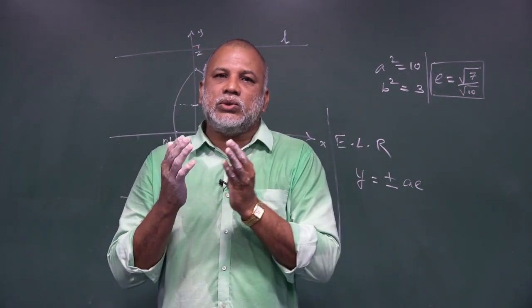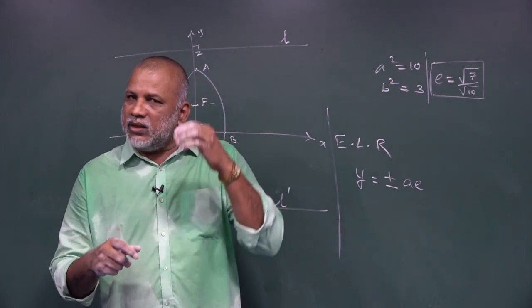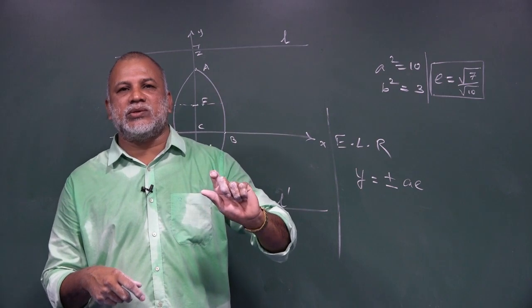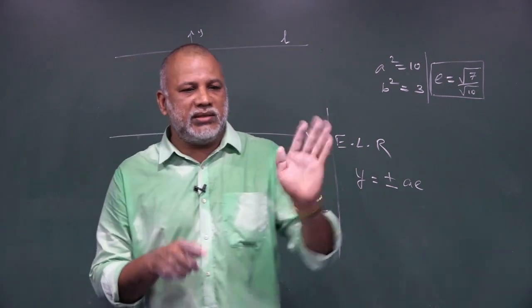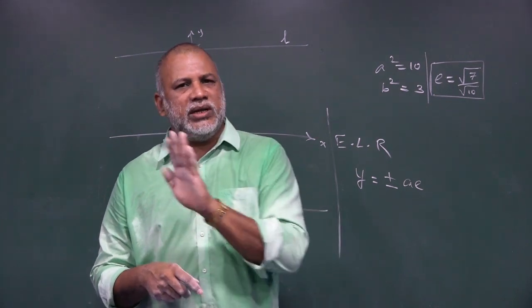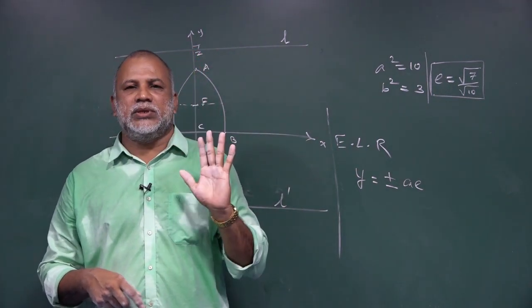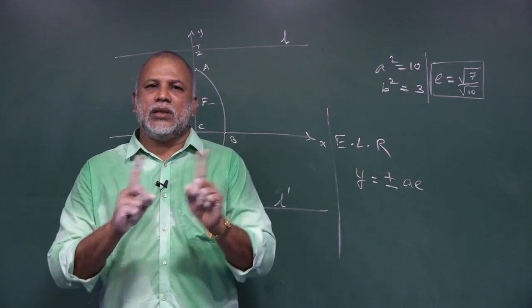That means it belongs to type number 1. So we can justify a squared and b squared. Always a squared is greater than b squared, that means a is greater than b. Keep this important concept. Then always e must be less than 1 for an ellipse. These are the two pieces of information.